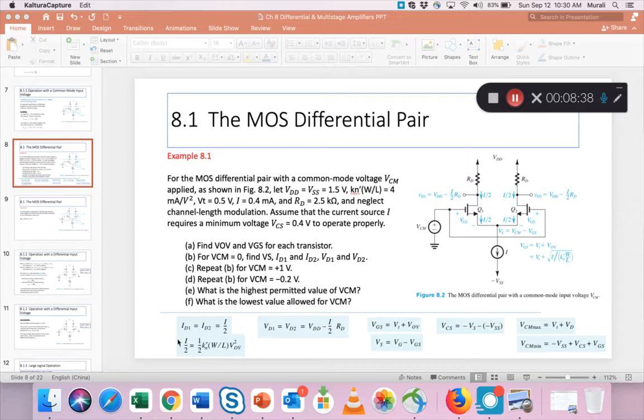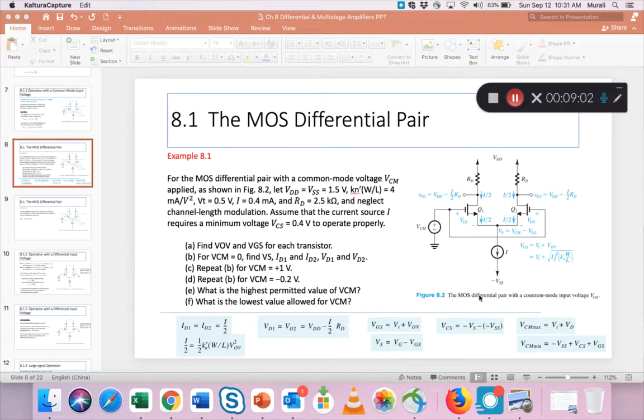If you're looking for all the formulas, the drain currents are just half. The overdrive voltage can be gotten from here. VD1, VD2 you can calculate using this. VGS is V overdrive plus VT.